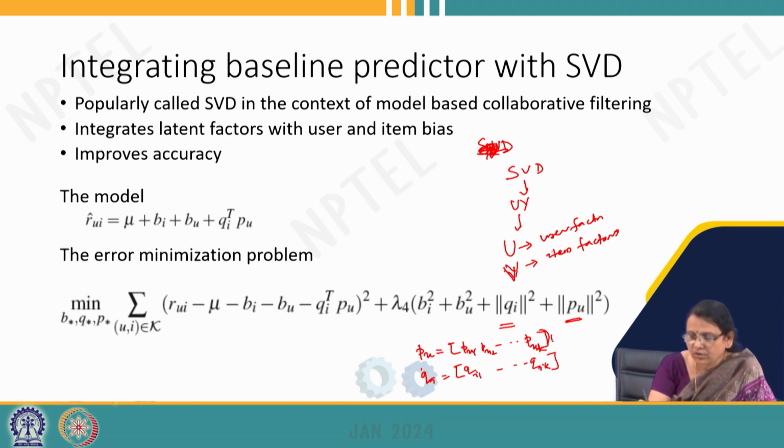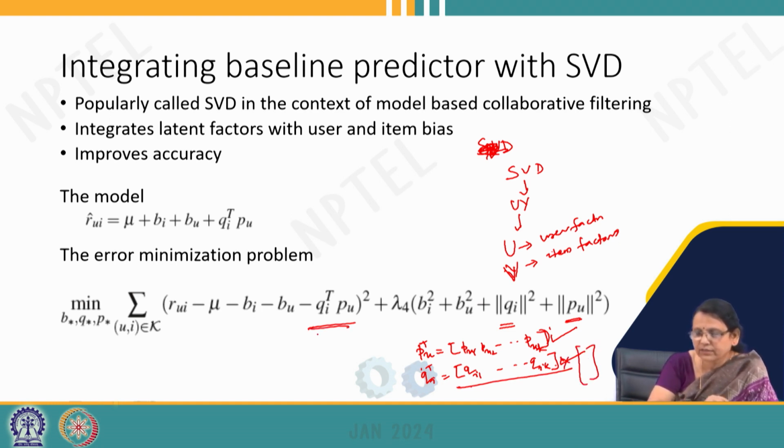So here also k latent factors, here also k latent factors, and you multiply these two. Considering both of them to be column vectors, though here I wrote them as row vectors, you multiply q transpose with p, the corresponding column vector, and if you multiply you get these terms.